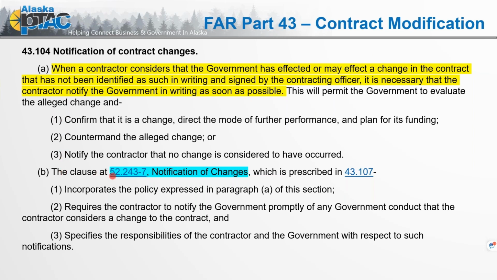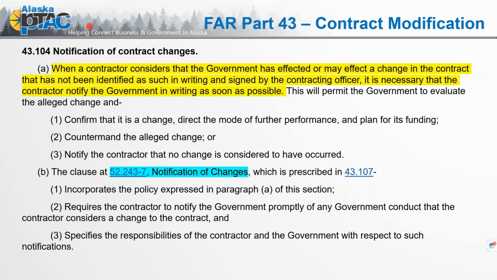The clause 52.243-7, Notification of Changes, and here's the description of that under FAR 43.107. That FAR clause incorporates the policy expressed in paragraph A of this section, requires the contractor to notify the government promptly of any government conduct that the contractor considers a change to a contract, and specifies the responsibilities of the contractor and the government with respect to notifications.